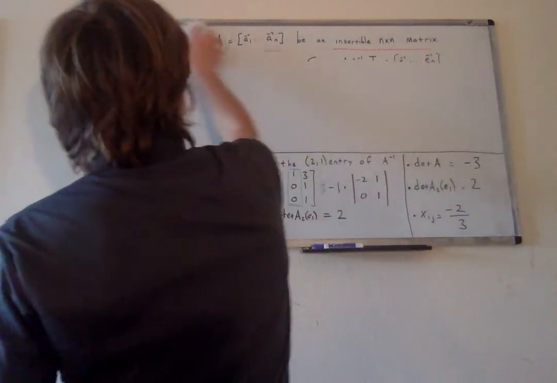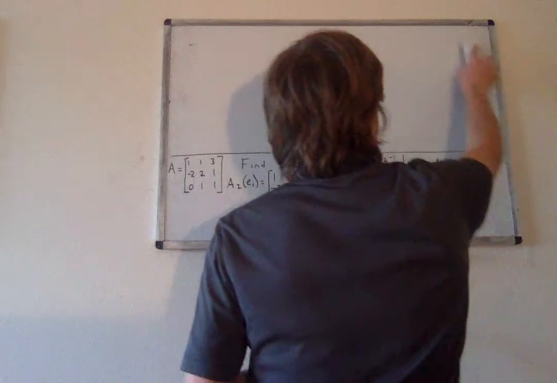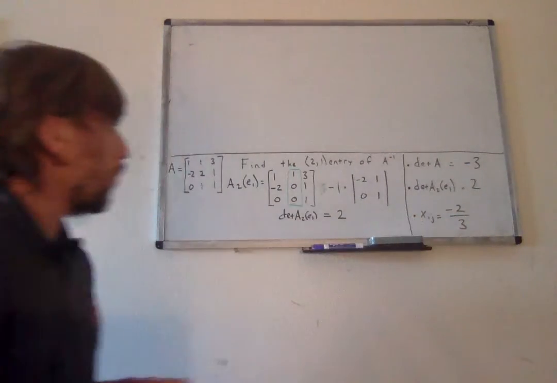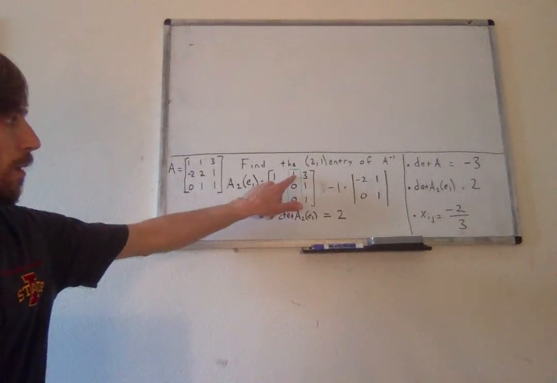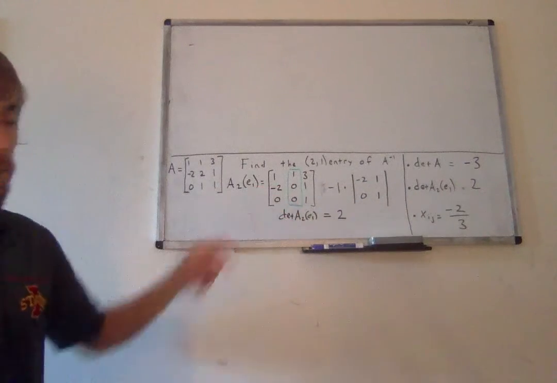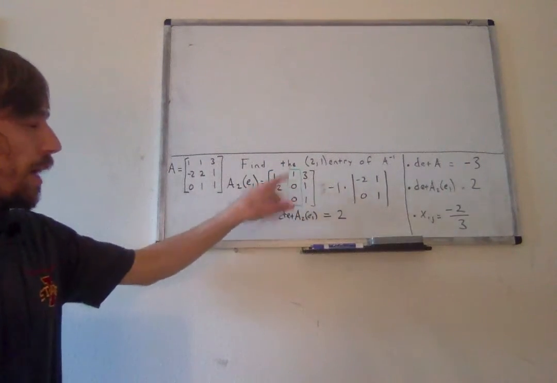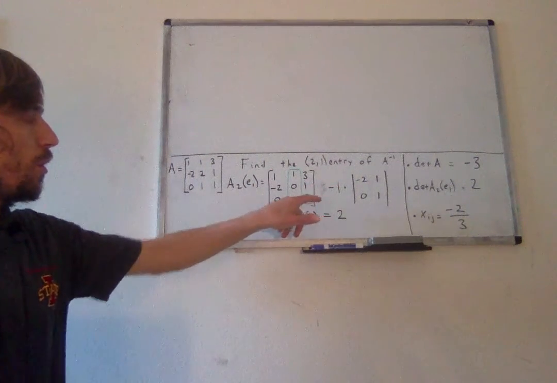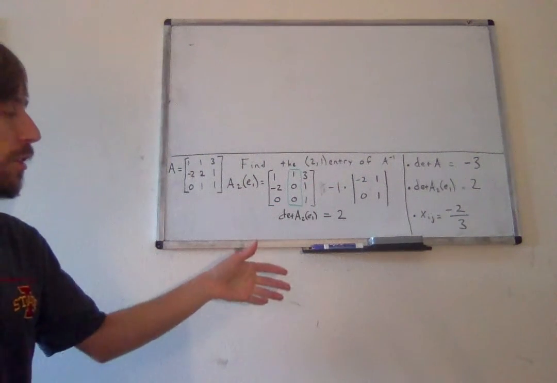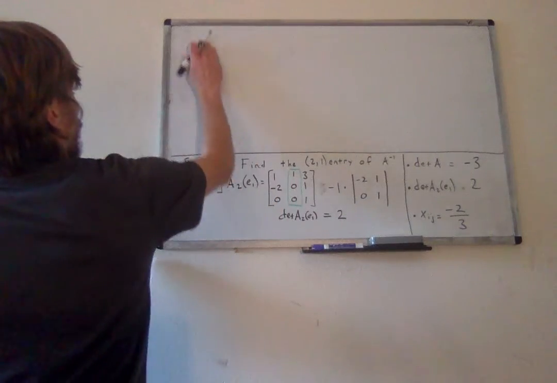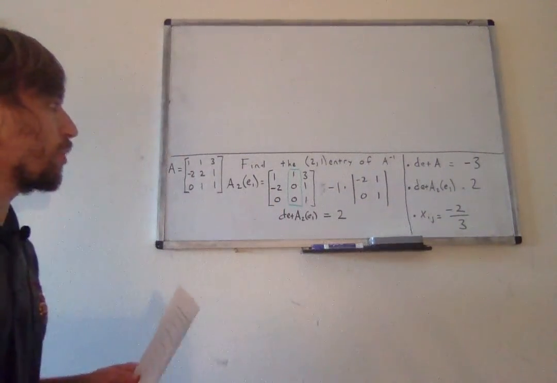So notice that what I got by replacing the column by this standard basis vector was actually just the cofactor that I would have used in calculating the determinant, right?